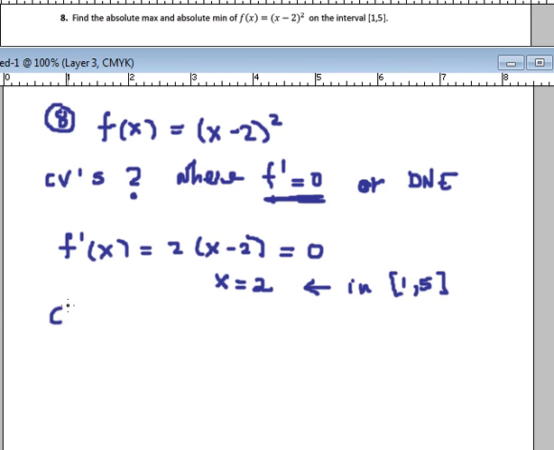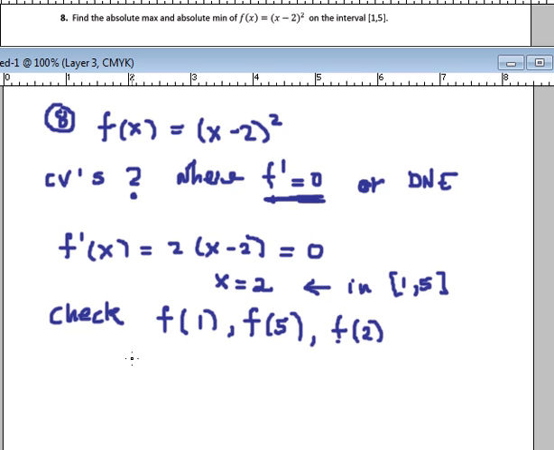So now we're going to check the values, or evaluate f. We're going to evaluate f at 1, 5, and 2, and just see which is the max and which is the min. Okay, so f of 1, that's 1 minus 2 squared, that's 1.